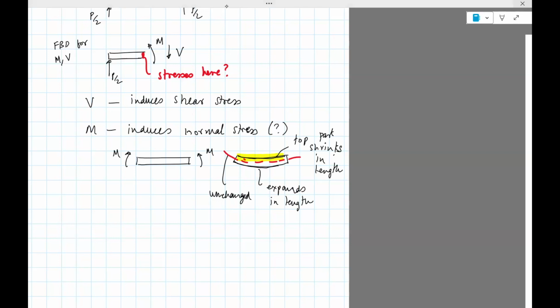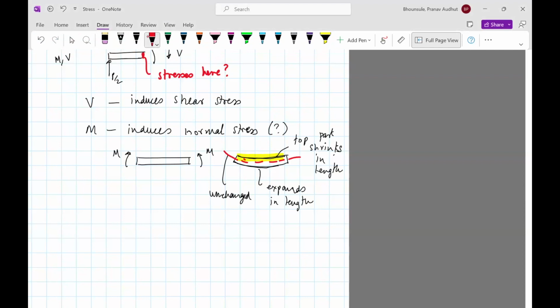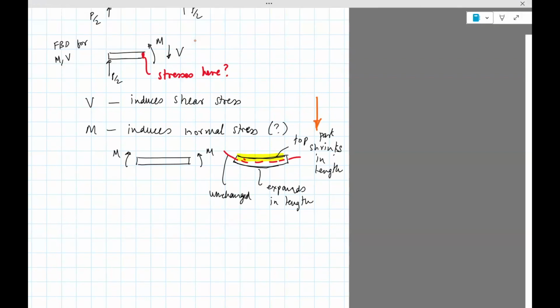So the top part is under compressive normal stress.